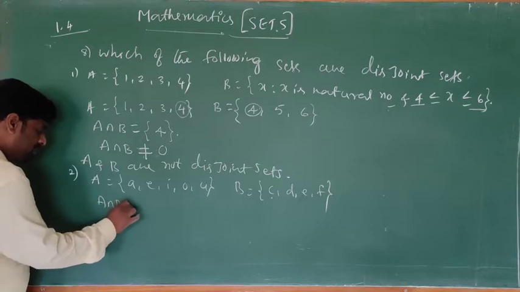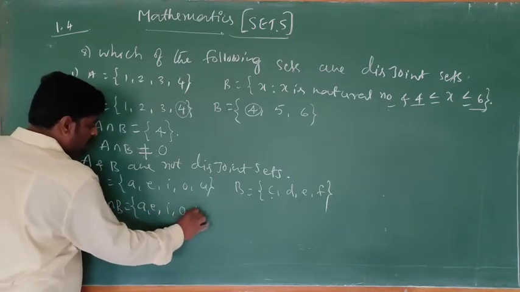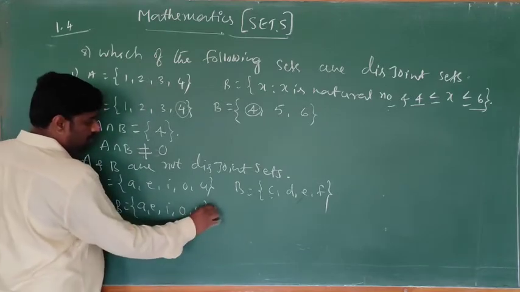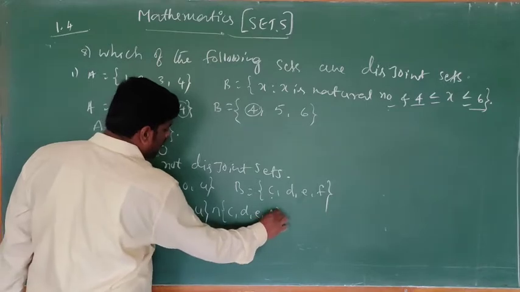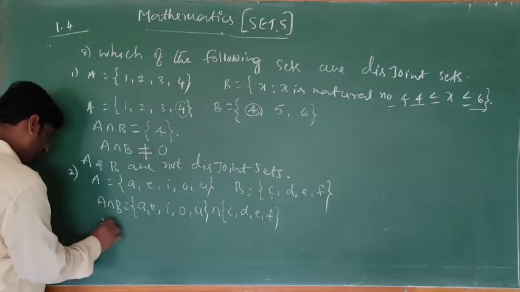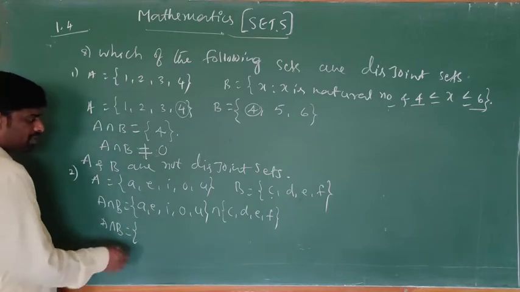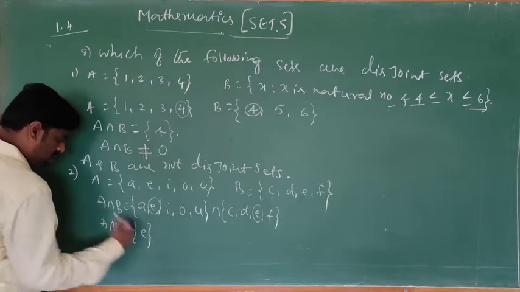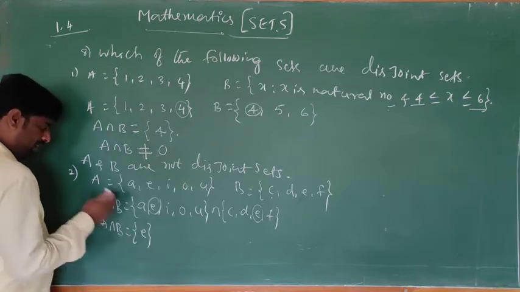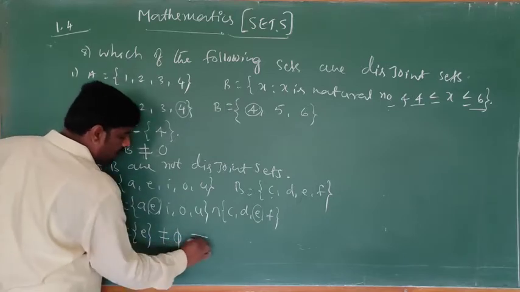A intersection B is equal to {a, e, i, o, u} intersection {c, d, e, f}. Is any common element there? Yes, E is common. The intersection element is e. This is not equal to null.